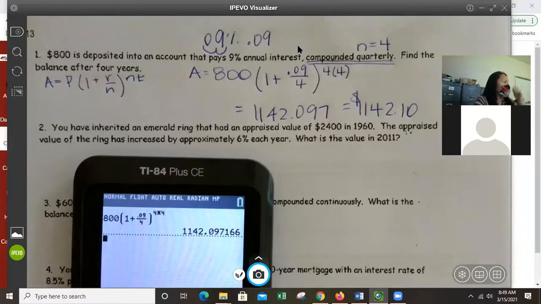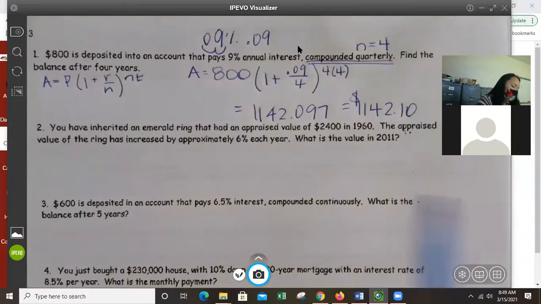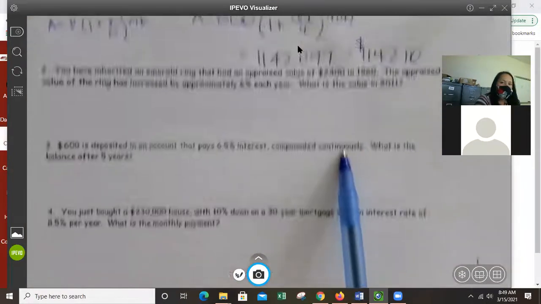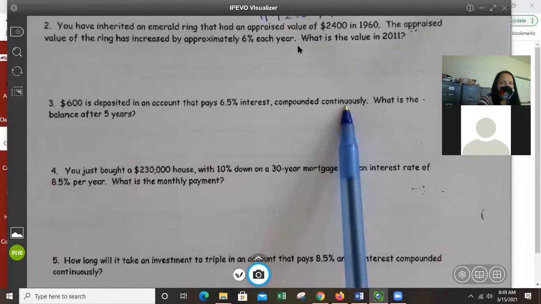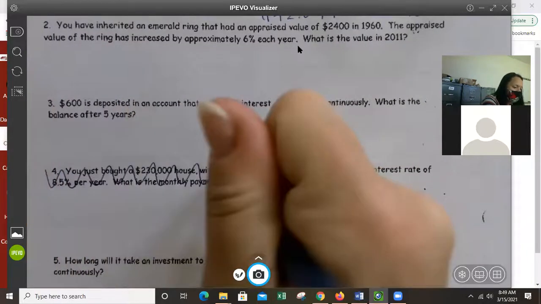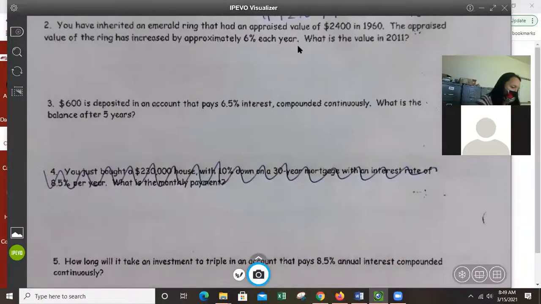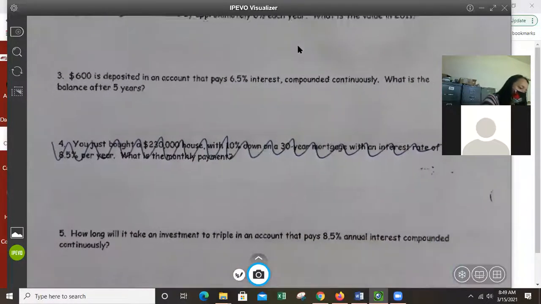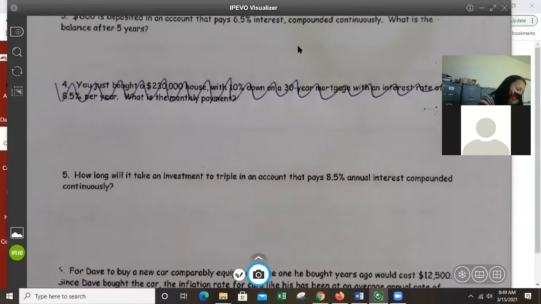Right. So I'm just going to go through and do all of the ones that are compounded quarterly, yearly, whatever. So the next one, this one is compound continuously. We'll come back to this one. We're not doing the house. You guys can mark those out. Here's compounded continuously.